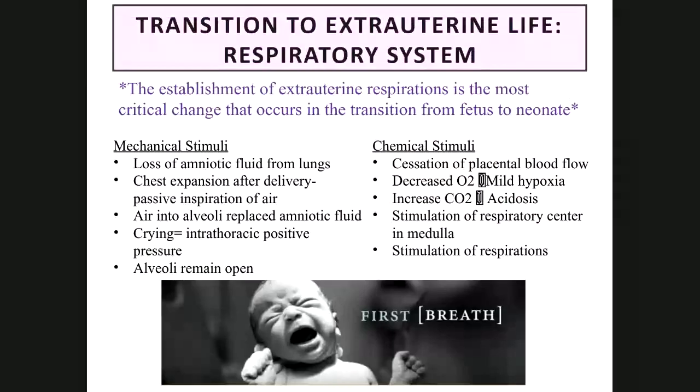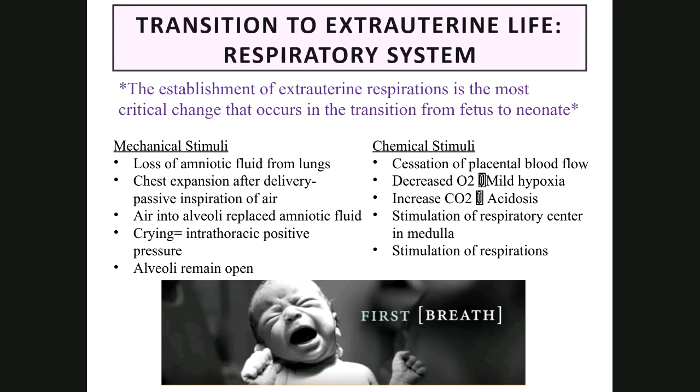So what we want to know is, how does the baby actually breathe once it's born? That miracle of life. This sentence here says, transition to extrauterine life, the respiratory system: the establishment of extrauterine respirations is the most critical change that occurs in the transition from fetus to neonate.